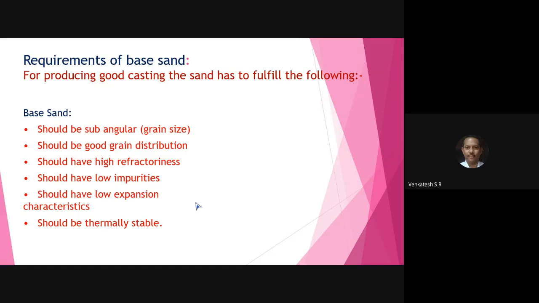That is nothing but even if you pour the liquid metal at 600 degrees centigrade or 1400 degrees centigrade, there should not be any thermal expansion or thermal contraction or change in the size and the shape of the mold cavity.